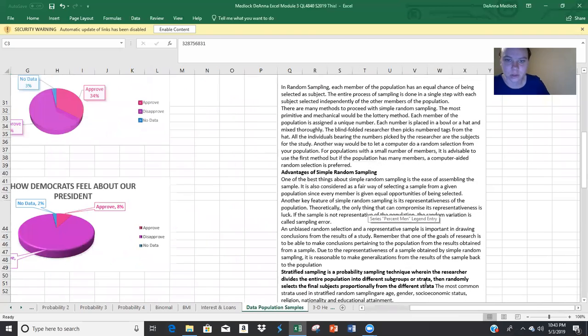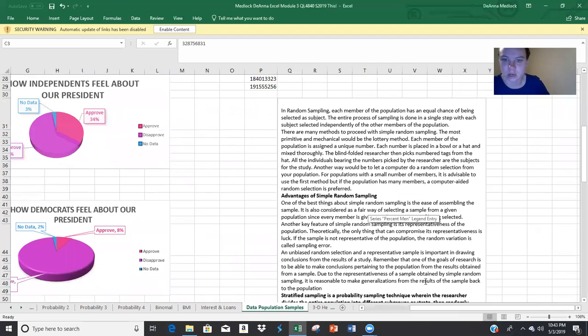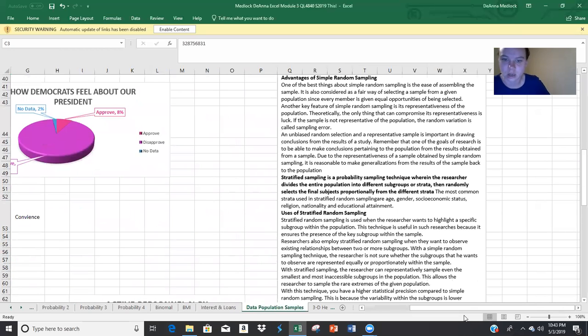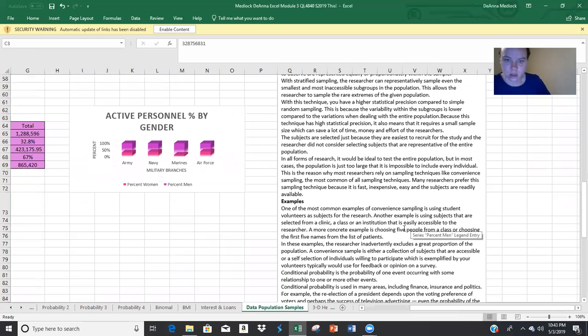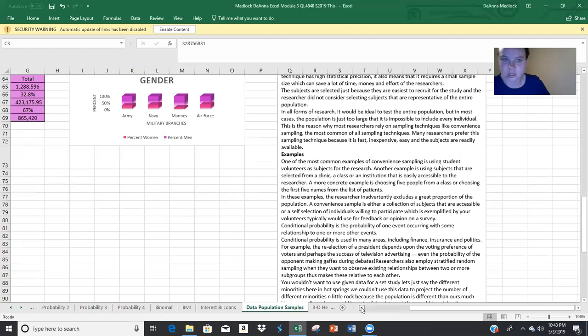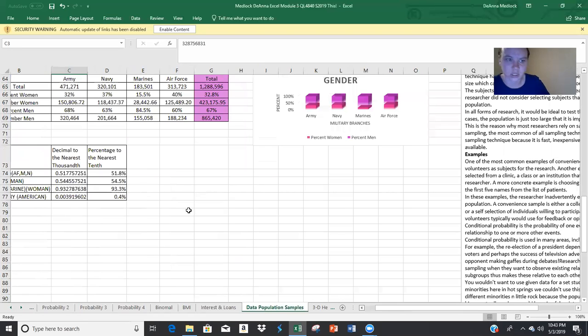So here we're talking about different sampling. We have simple random sampling and stratified sampling, and we did these different events to show the differences in those.